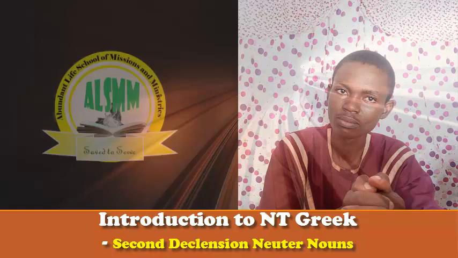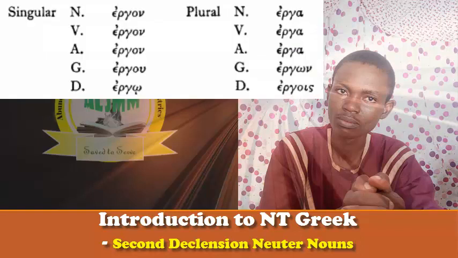Same also will be applied under the second declension of the neuter noun. For it should be noted that Greek has the words in different forms for each of the cases.